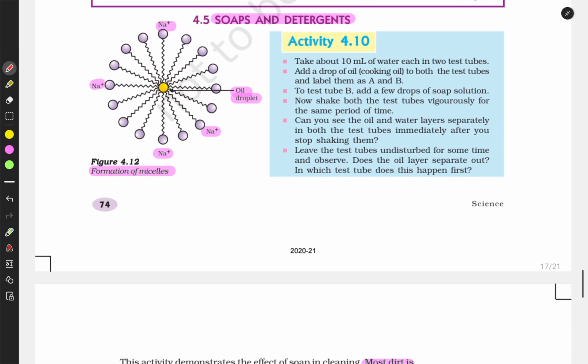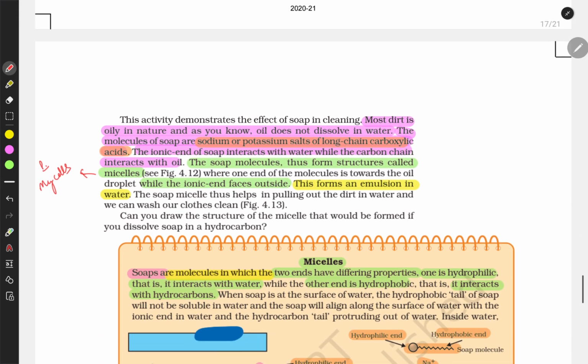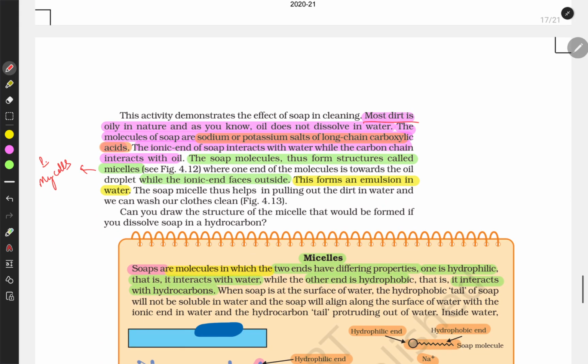Let's discuss soap. Most dirt is oily in nature, and as you know, oil does not dissolve in water.